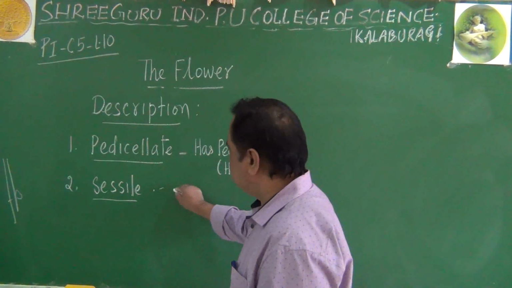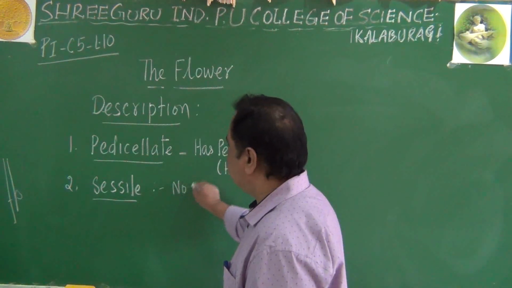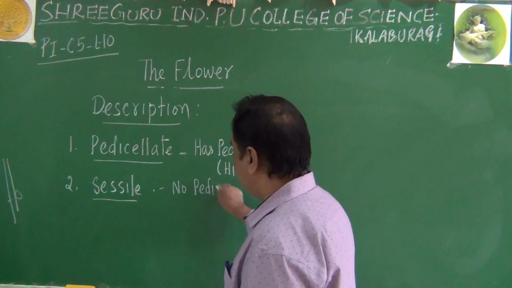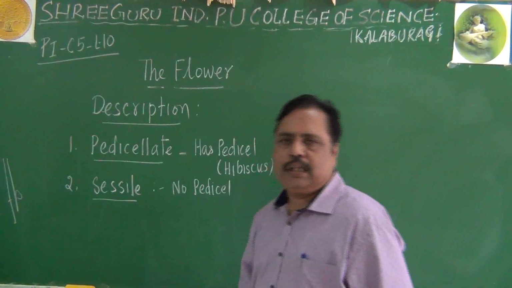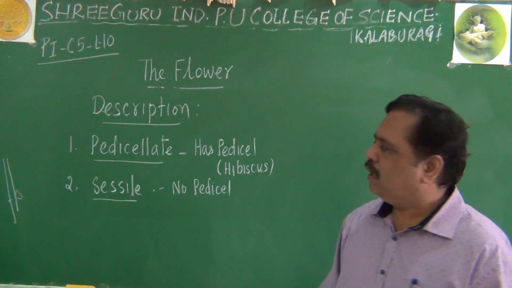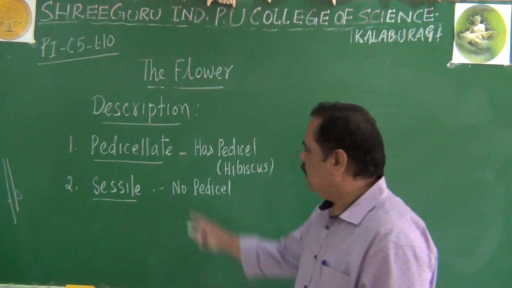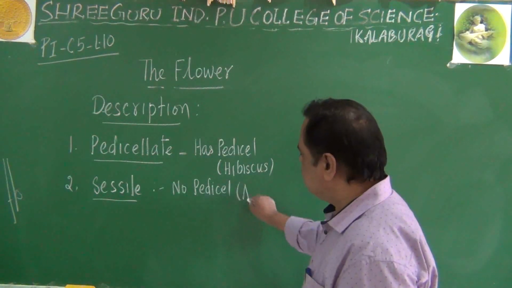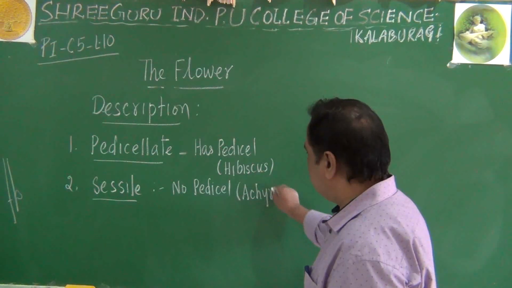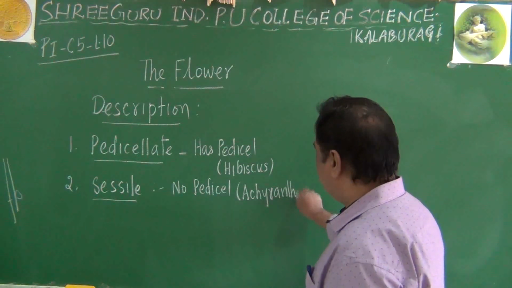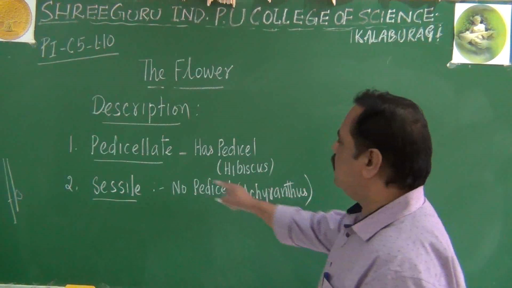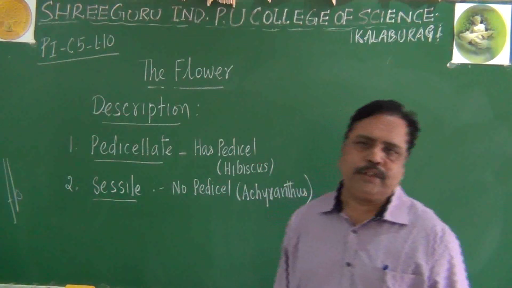Sessile flower means no pedicel is found here. Pedicel is absent. Directly the flower is attached to the stem actually. Example for this is a plant called Achyranthes. You can remember, they have a sessile flower actually.